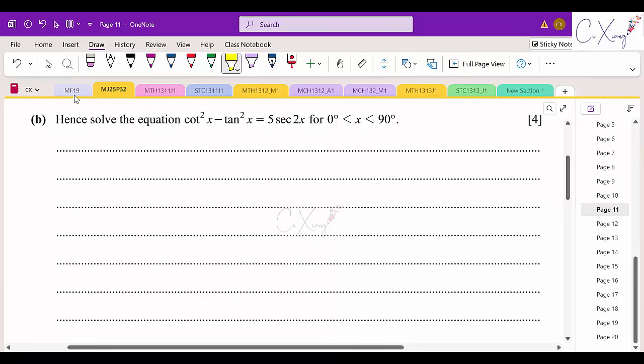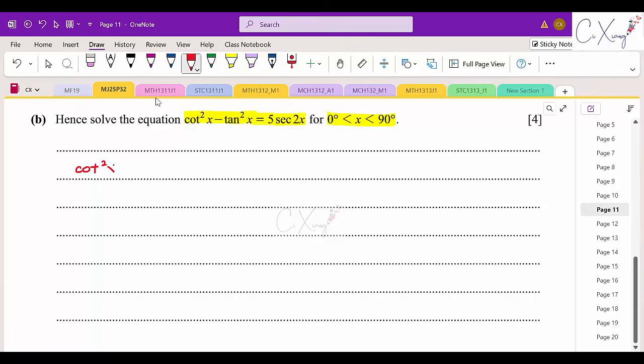Okay, so next, let's solve the equation of cotangent square minus tangent square equals to 5 secant 2x for this range of the x. Alright, so first of all, let us substitute the result that we proved in part A into this part.